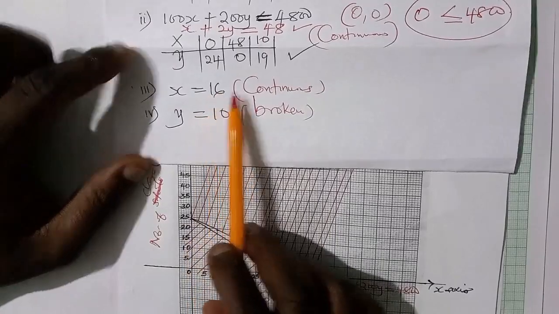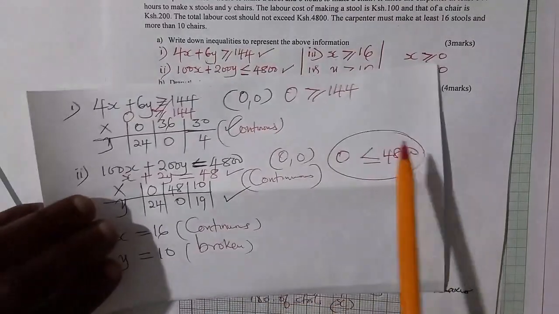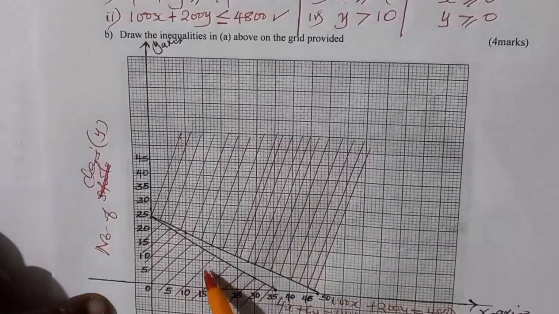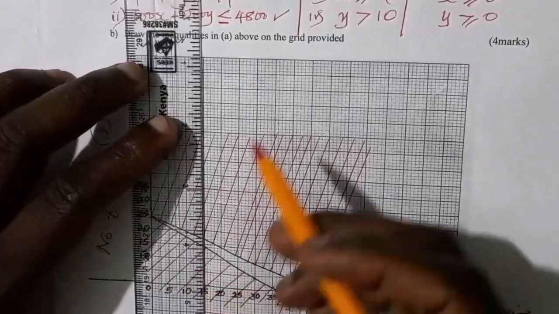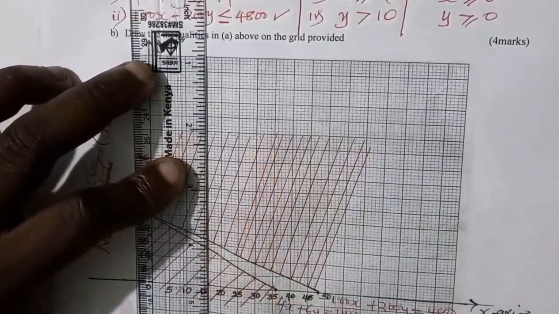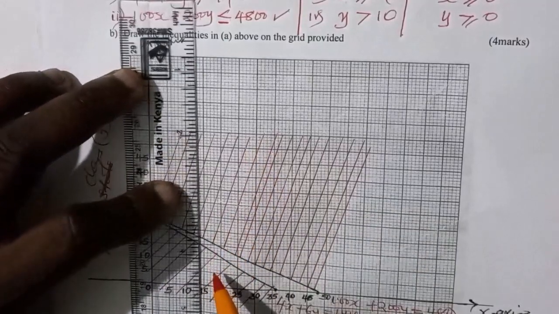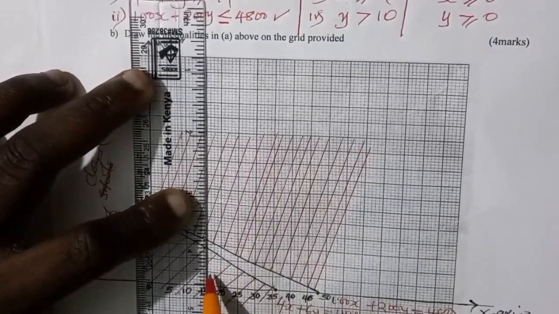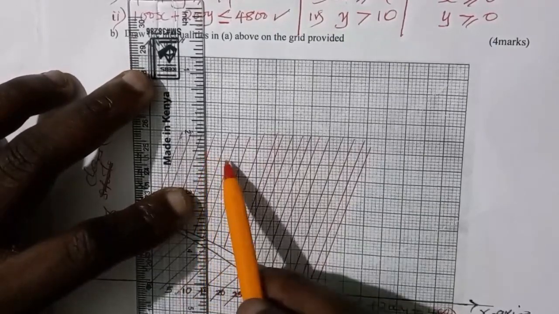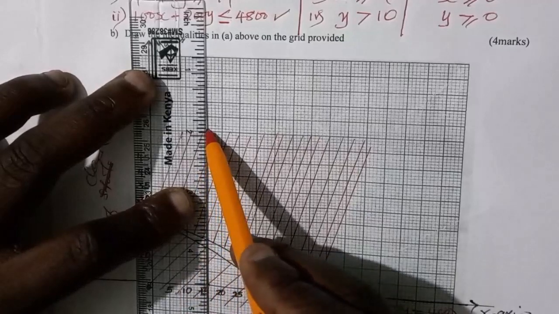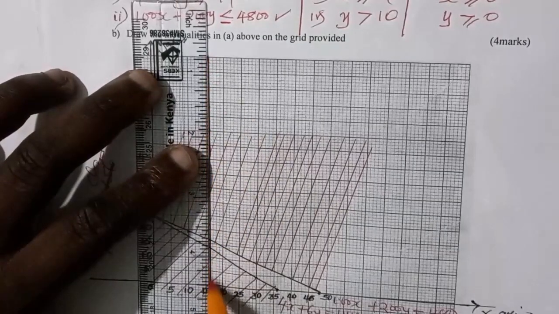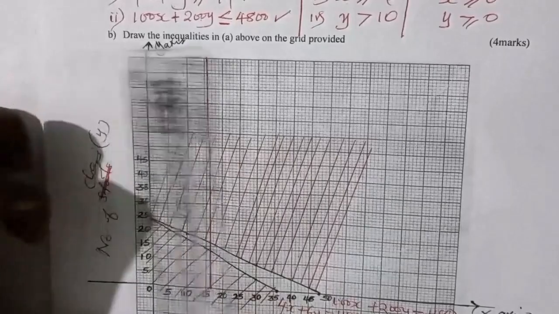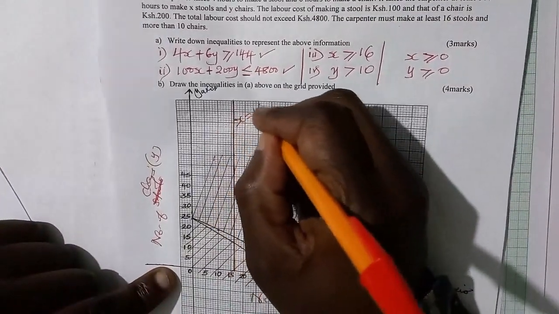That line should be continuous. x is equal to 16 is that vertical line that passes through here. 16 is here. So this is the line, x equals 16.